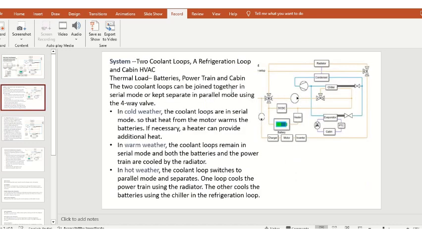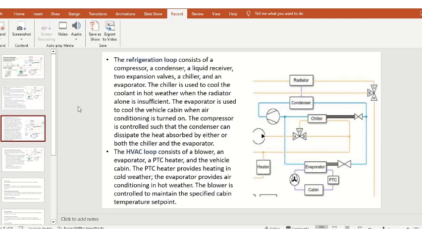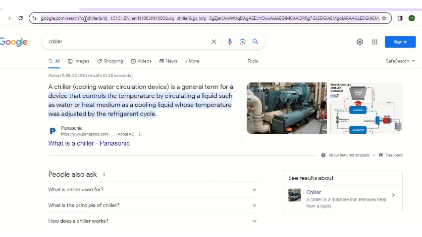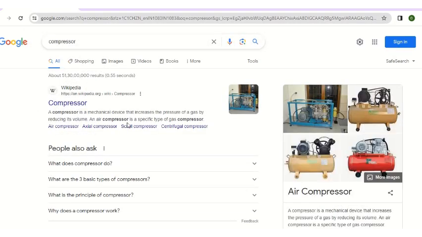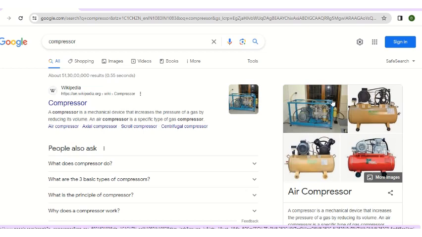First one is the compressor. So it is a compressor. It is providing enough pressure for the system, right?